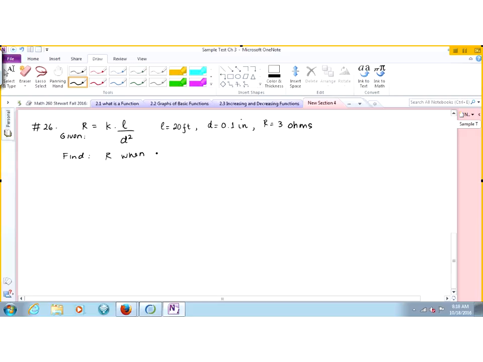So find R when L is 42 feet and D is 0.01 inches. All right, so you have to find K first. So R is 3, which is equal to K times 20 divided by 0.1 squared. Yes. So you're going to get K, right?